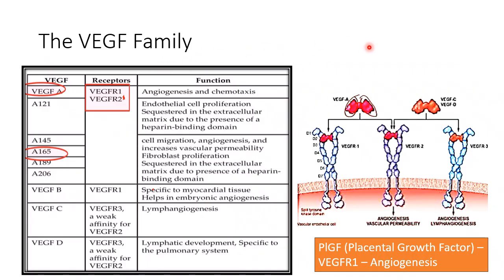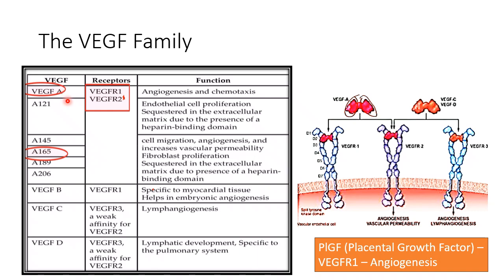So that was about the VEGF molecule. Now the VEGF family. On the left side in this table are the various types of VEGF molecules. There is VEGF A, B, C, D. There are several more; I've only shown A, B, C, D here because they are the ones implicated in retinal diseases. VEGF-A is the most notorious one.